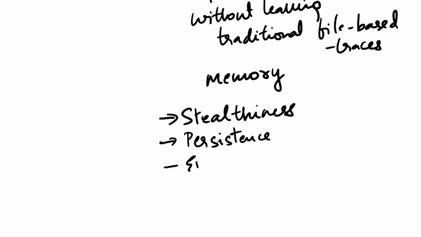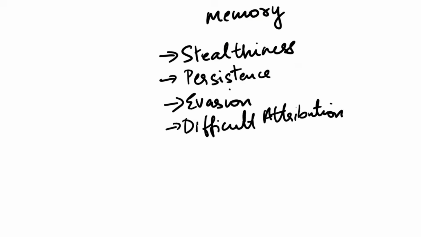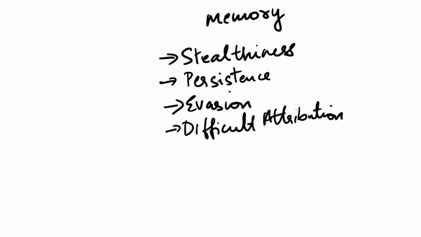Next one is evasion. Fileless malware often evades traditional security mechanisms such as application whitelisting and endpoint protection because it doesn't rely on traditional executable files. Next is difficult attribution. Detecting and attributing fileless attacks can be challenging because they use trusted processes and tools, making it appear as though legitimate actions are taking place.